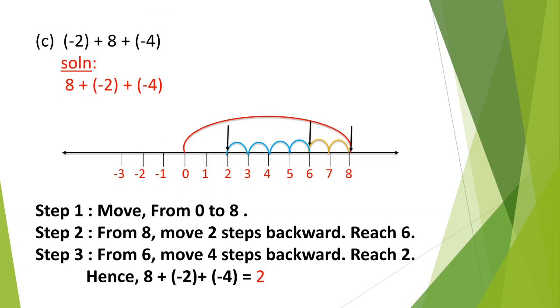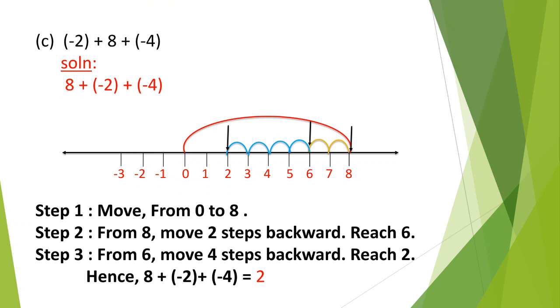After that, we have two negative numbers, minus 2 and minus 4. When we have a negative number, we want to come backward. So from 8, first I am moving 2 steps backward for minus 2. 8 plus minus 2. First 0 to 8. Next 2 steps backward. What is the third number we have?